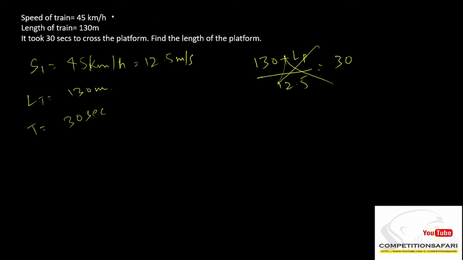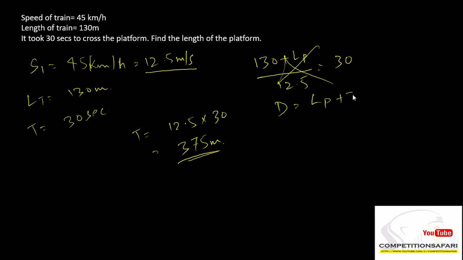We will see, okay, it is taking 30 seconds to cross the platform. So in 30 seconds, traveling at a speed of 12.5, the train would have covered 12.5 into 30, which gives us 375 meters. So the total distance that the train covered is the length of the train and the length of the platform, correct?